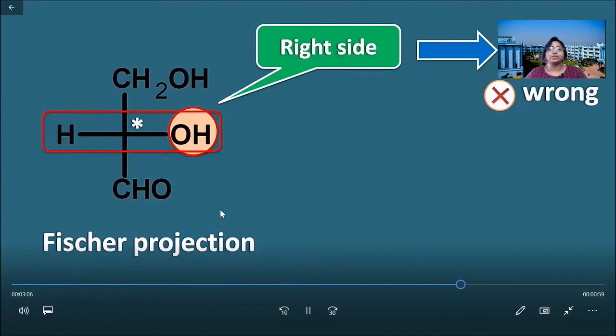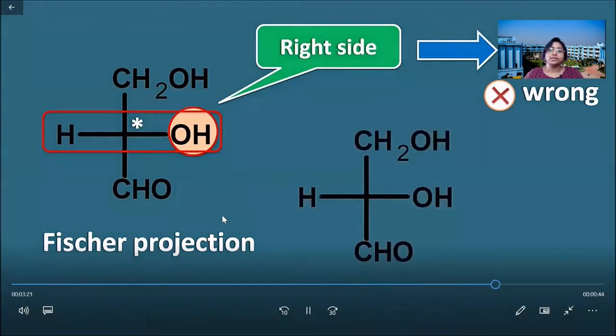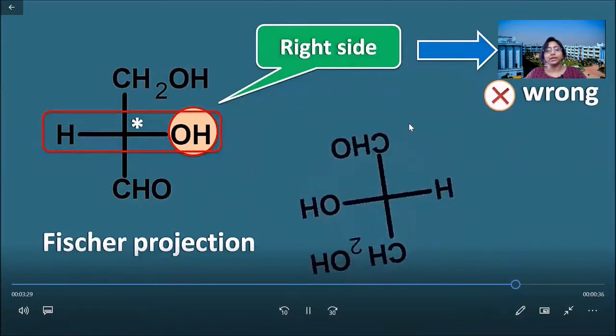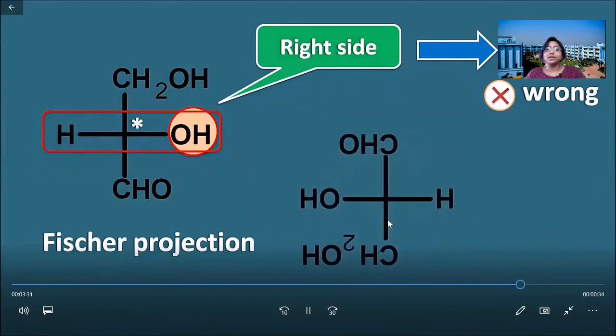We have to take this CHO, this aldehyde group, at the top. For glyceraldehyde, we have to take the aldehyde at the top. Then what we can do, we can rotate this CHO, we have to take it at the top. So we can rotate. Then you can see the OH group is on which side, left or right.